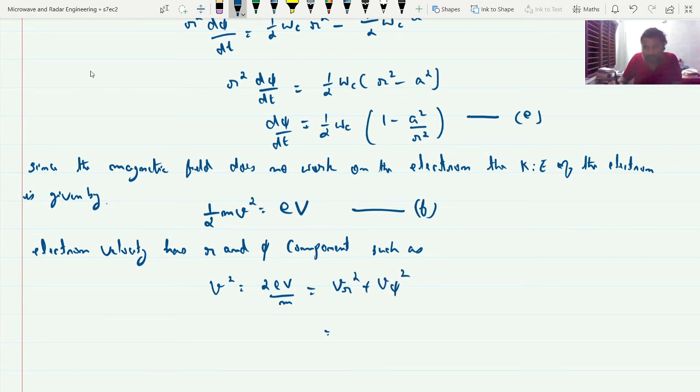Which is nothing but dr by dt the whole square plus r into d phi by dt the whole square. So that I called as equation G.